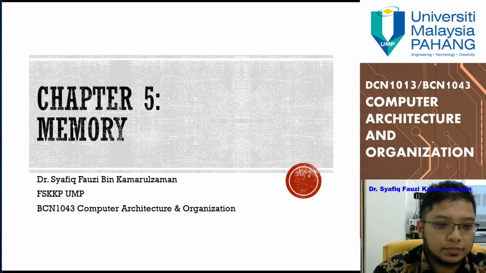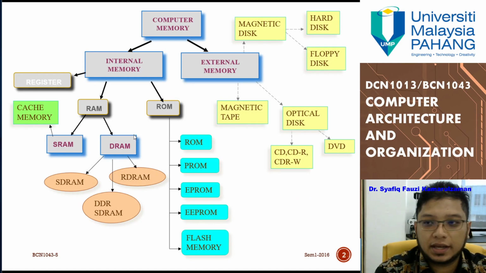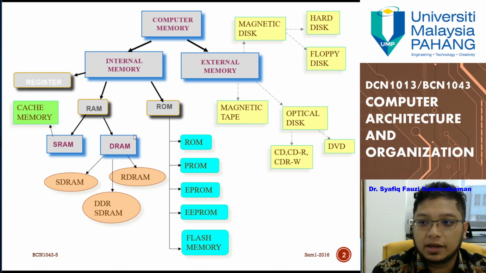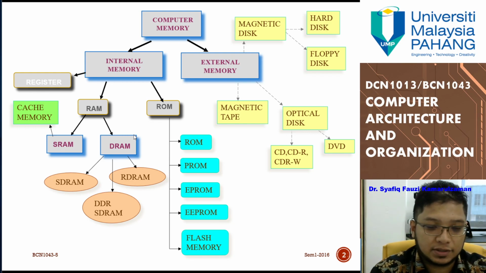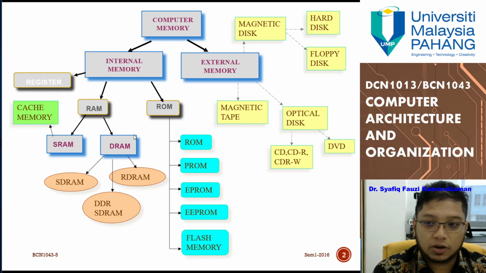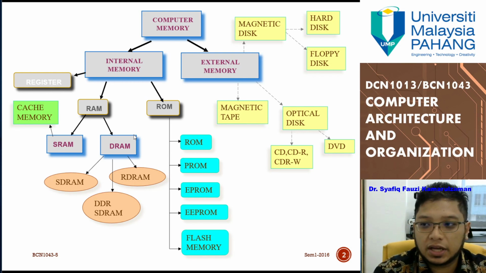So under chapter 5 memory, basically in the computer memory we have a lot of kinds of computer memory. The common ones are the one inside our computer and outside of our computer, which is the internal memory and the external memory.